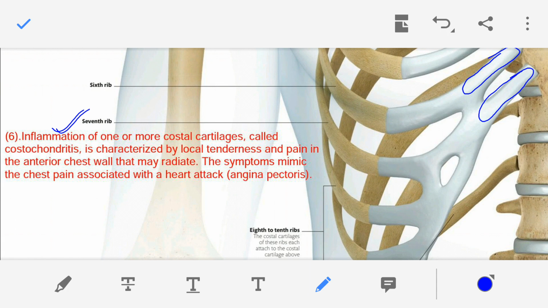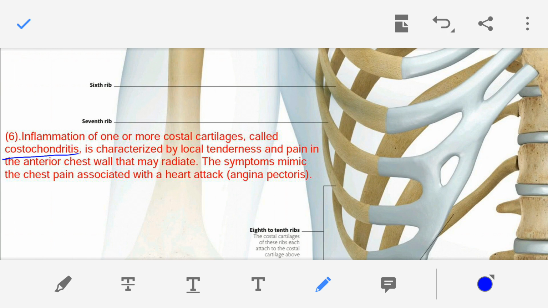So in this condition, where the costal cartilage in the person's thoracic cavity, in the person's rib cage, gets inflammation, that condition is known as costochondritis.